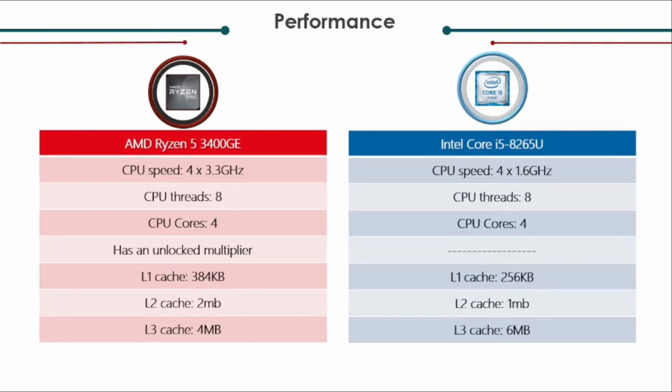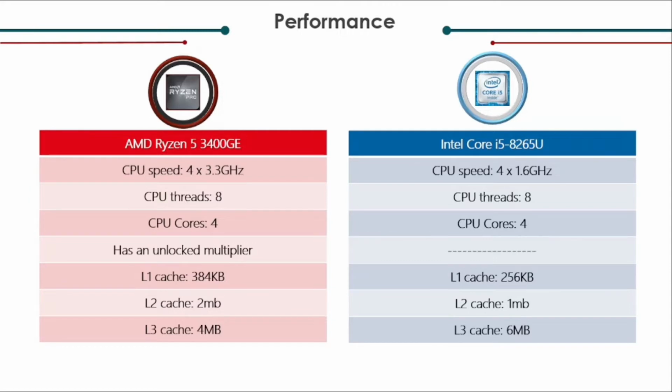Both has the CPU threads of 8 and also the CPU cores of 4. However, AMD Ryzen 5 3400GE has an unlocked multiplier. An unlocked multiplier makes them easy to overclock, which makes you gain increased performance in games and other apps.